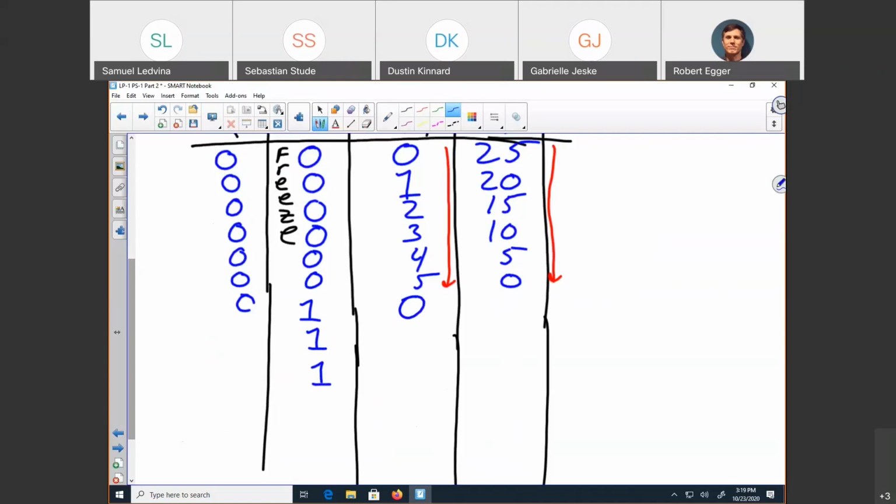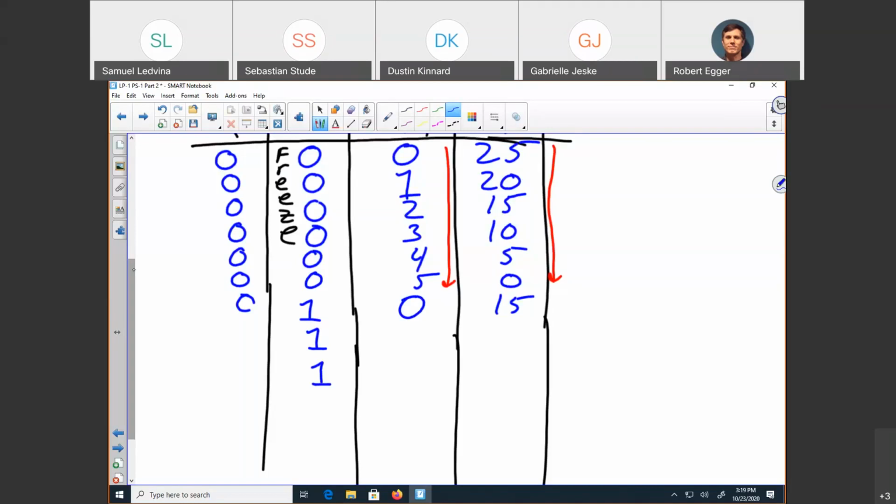Go back to 0 nickels. So if I have 1 dime, that gives me how many pennies to make a quarter? Let's see, dimes 10, 25 minus 10, that'd be 15 pennies then.